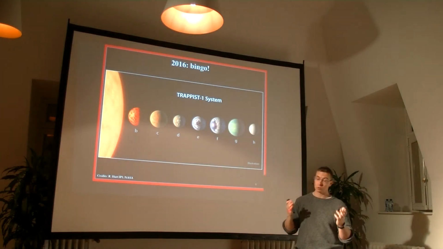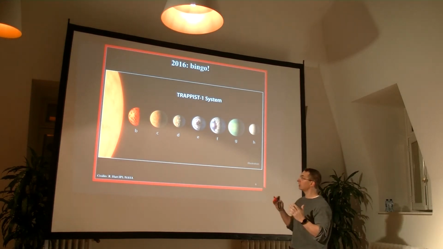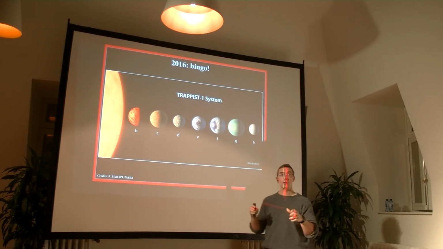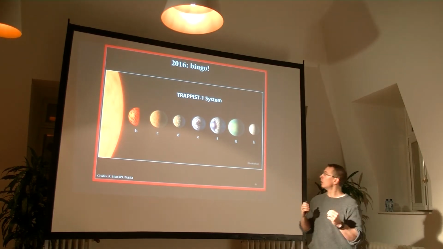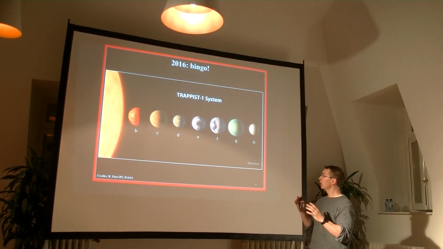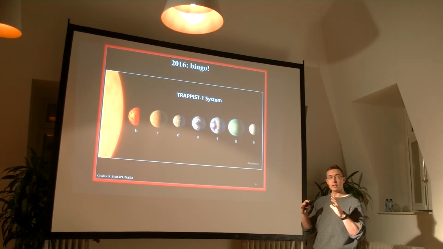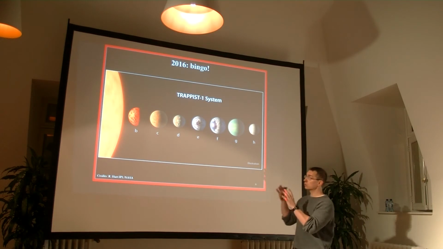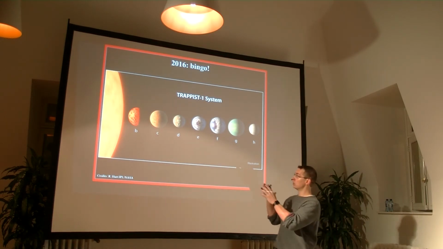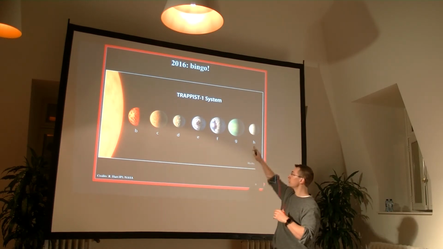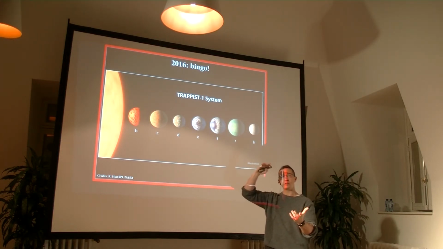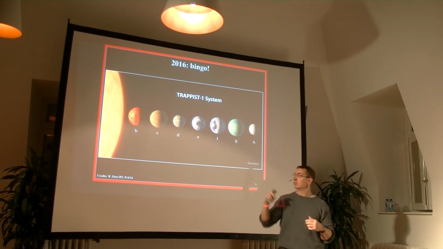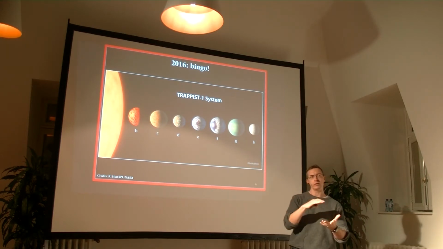And in 2016, we were successful with our first detection of an amazing system of 7 Earth-sized planets, all orbiting the same star, all very close to the star. They are so close to the star that, in fact, you would see the star from the surface of these planets about 10 times bigger than we see the Sun, despite the fact that this star is 10 times smaller than the Sun.